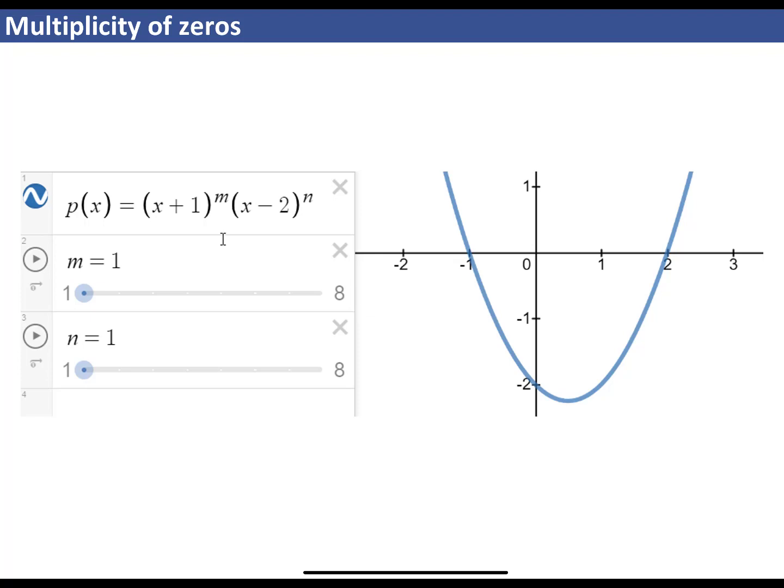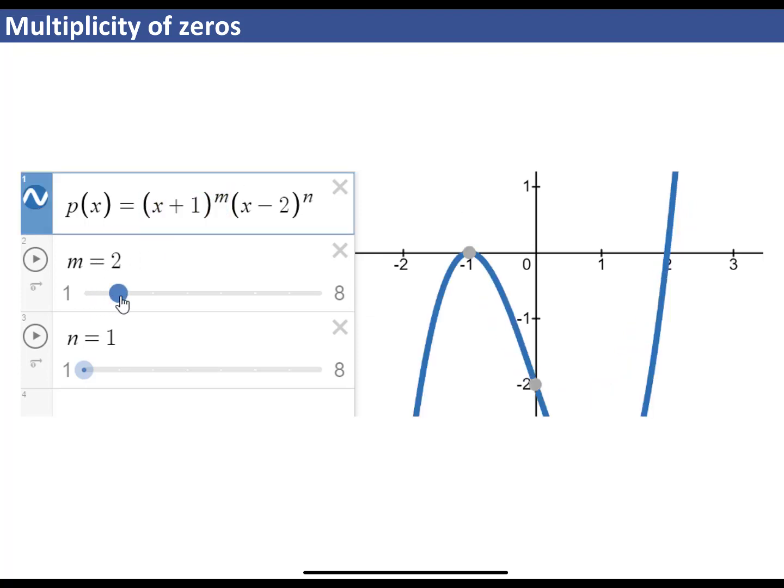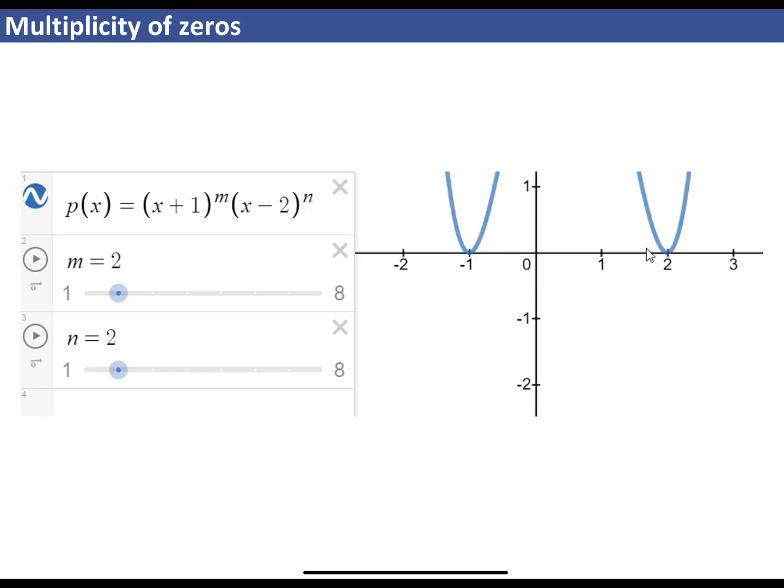If we increase the multiplicity of x plus 1 to 2, we now see that the graph behaves like a quadratic, which is a second degree polynomial, near x equals negative 1. The same thing happens if we change the multiplicity corresponding to x equals 2. Now the graph looks like a parabola near the x-intercept at x equals 2.